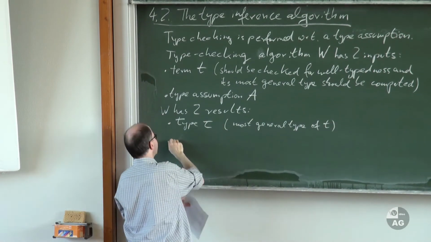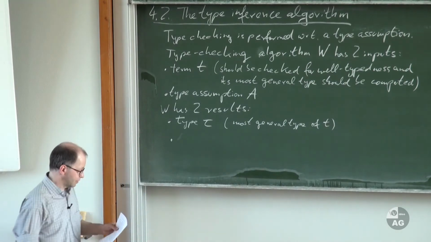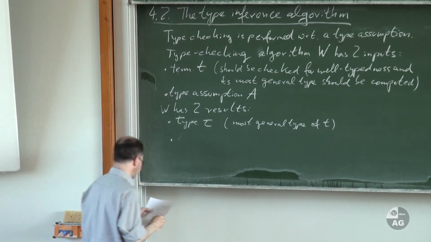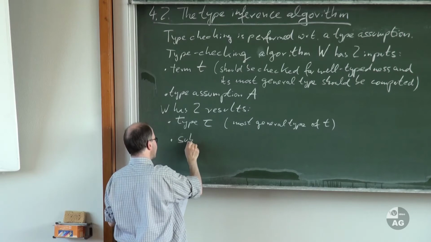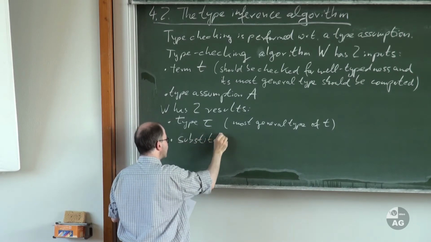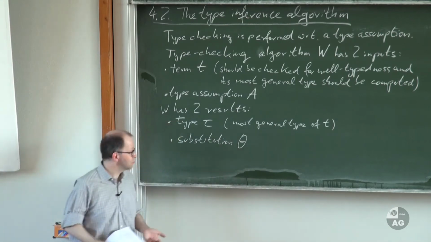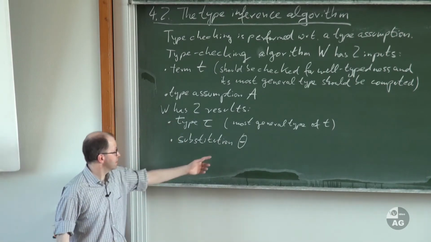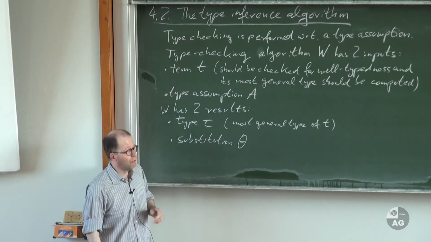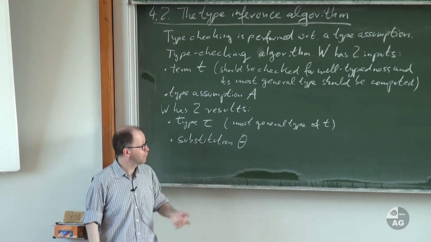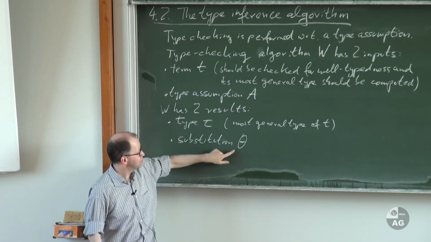And moreover, it has a second result, and the second result is a substitution theta. And the meaning of this substitution theta is that it tells us that T is only well typed if we refine the current type assumption by this substitution.